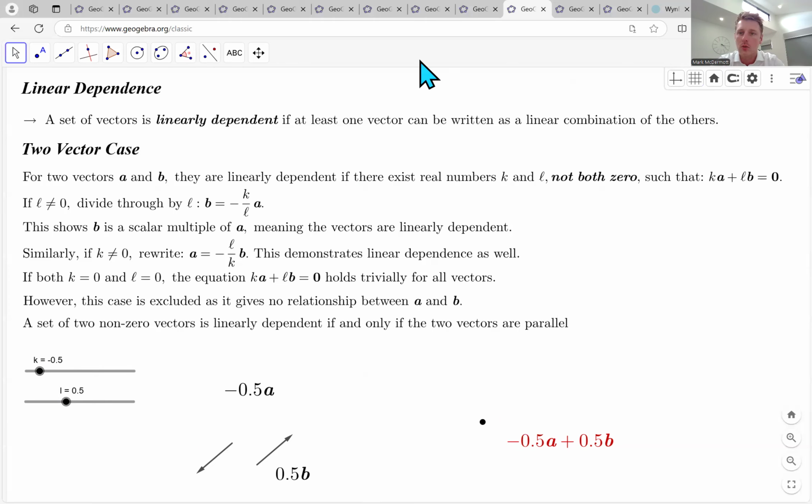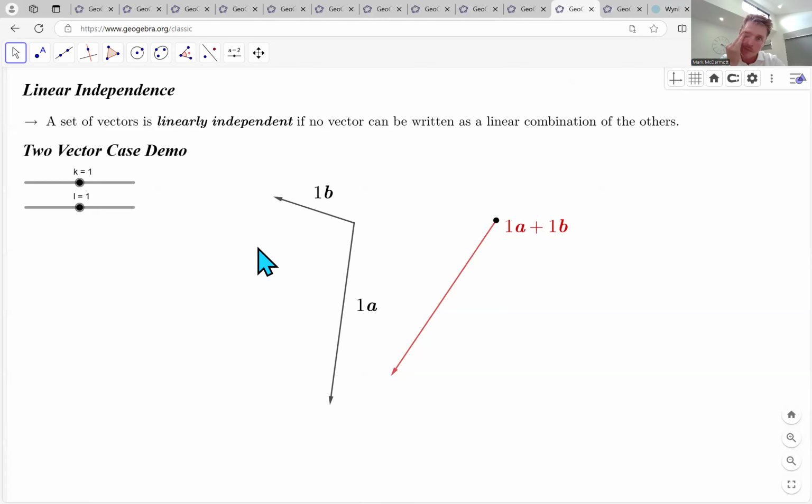Let's show the counter example so you see what linearly independent things look like. Linearly independent is when we basically can't change the values of K and L such that we can get the sum of them to go to the zero vector. So here we go again.